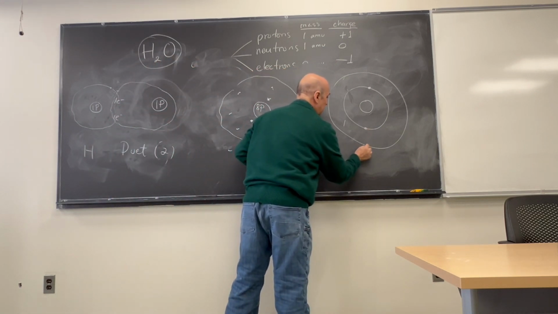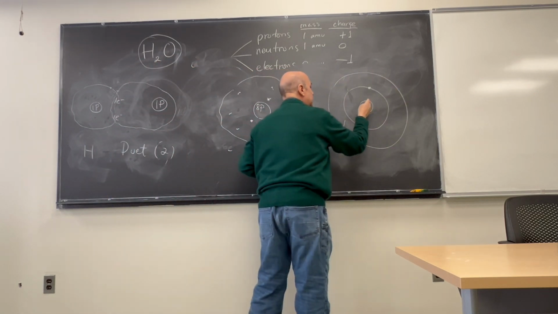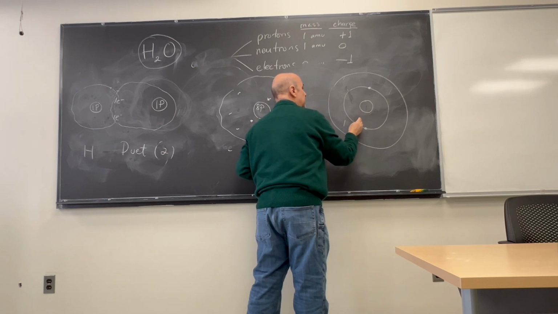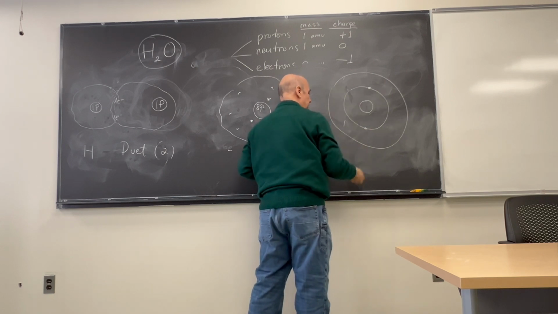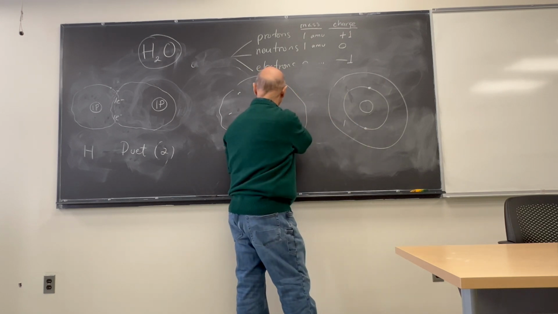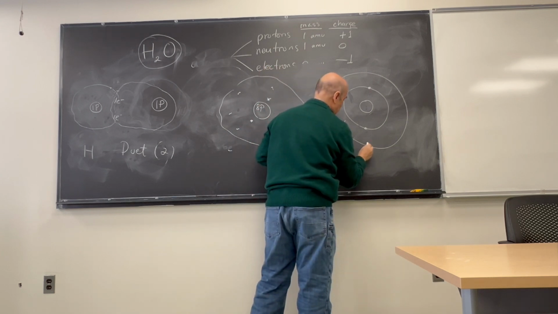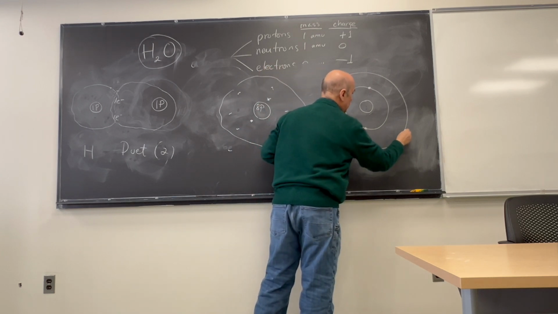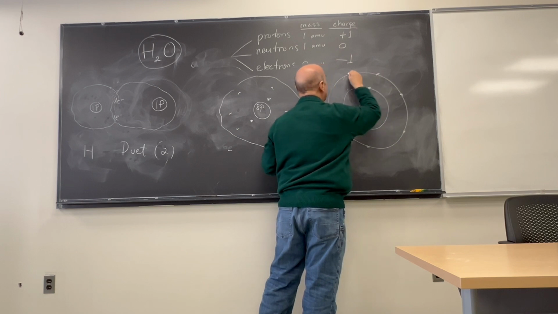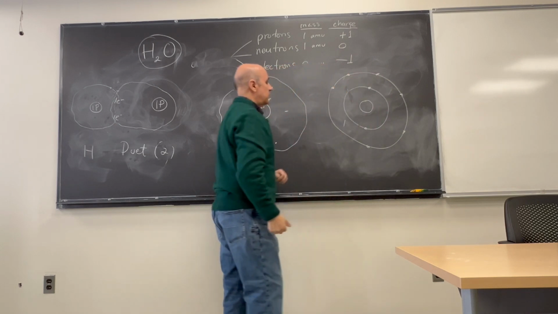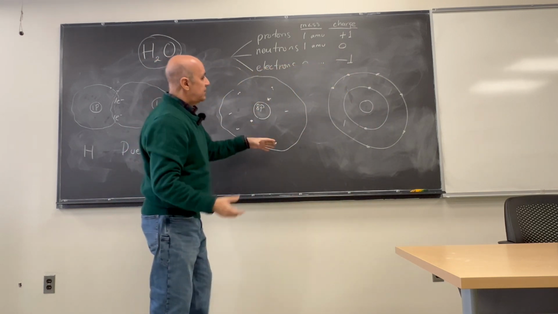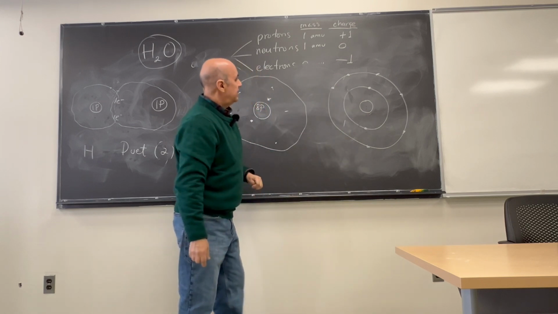Now, there's another space, not as close to the nucleus as the first one, but still close enough where the other electrons of, in this case, oxygen are going to be found. So there's 1, 2, 3, 4, 5, 6 electrons. Those are found in the second layer.